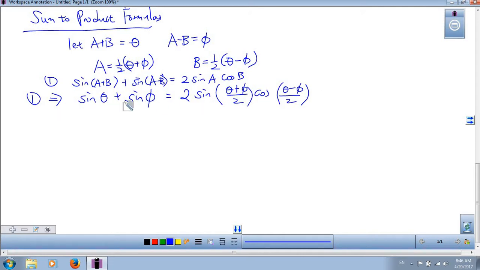And so now you can look at this. This is a sum to product formula. We have a sum of two functions, and then we can convert them into a product of two functions.